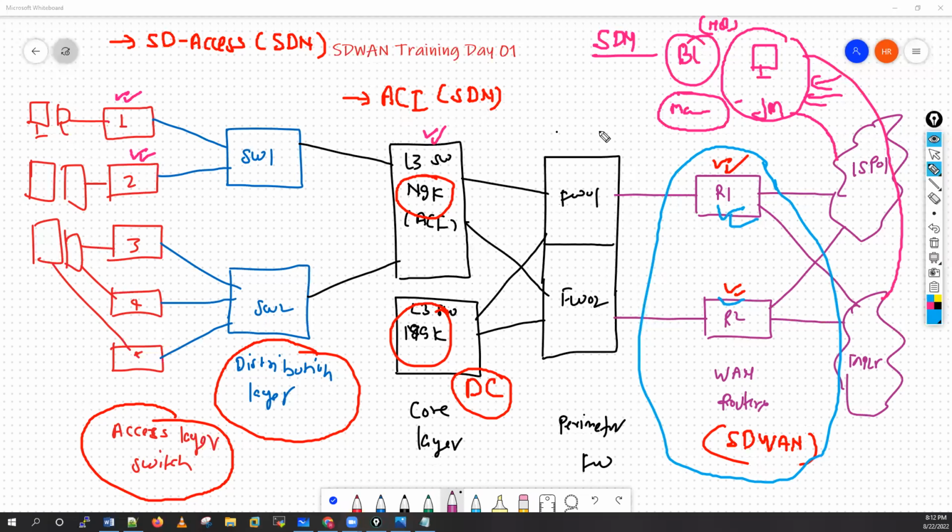So if I say SDN, we have 3 types of SDN solutions from Cisco. For your LAN network, we have SDXS. For your data center switches, we have ACI. And for your WAN routers, we have SD-WAN, guys. So this is the simple definition of your SDN solution, guys.